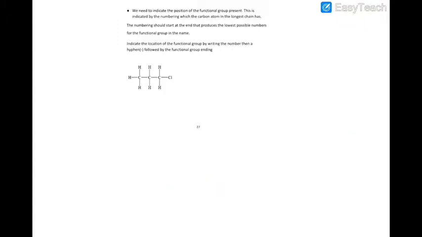Now, when we are naming a halogenoalkane, we need to indicate the position where the halogen is situated. So you will need to number the carbon atoms, and you should end up with the name that produces the lowest possible number for the functional group in the name. Here the functional group is the halogen. So here we are going to start numbering 1, 2, 3.